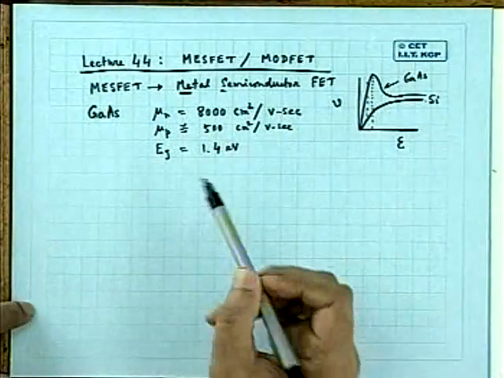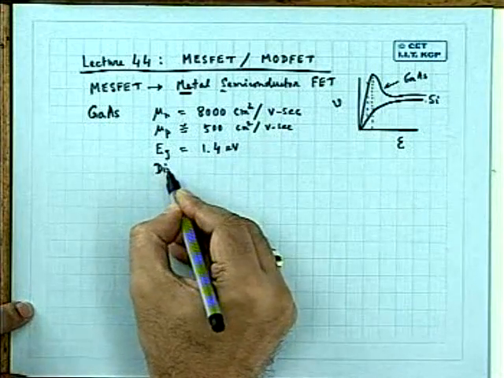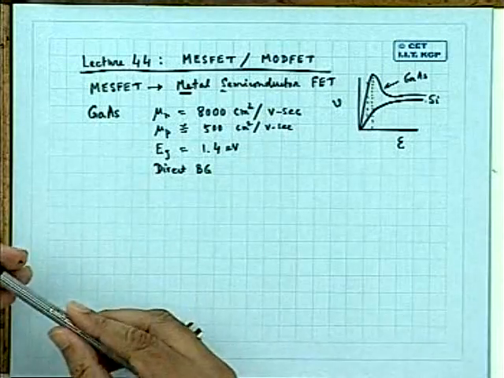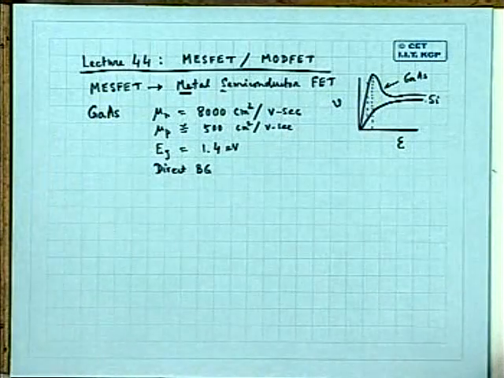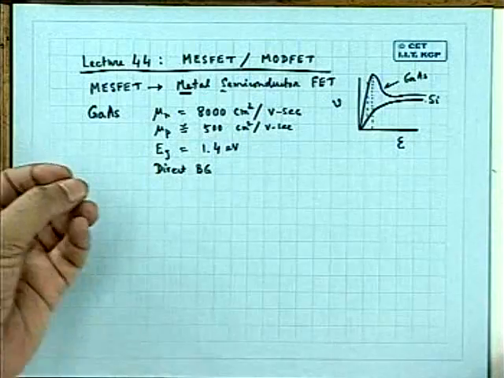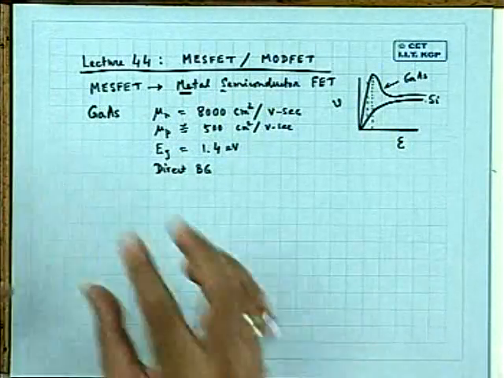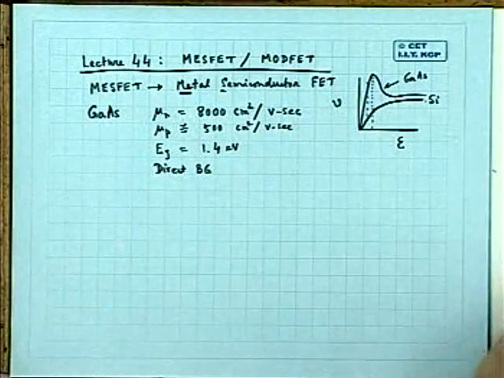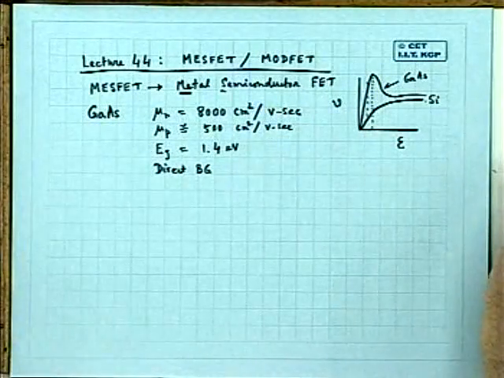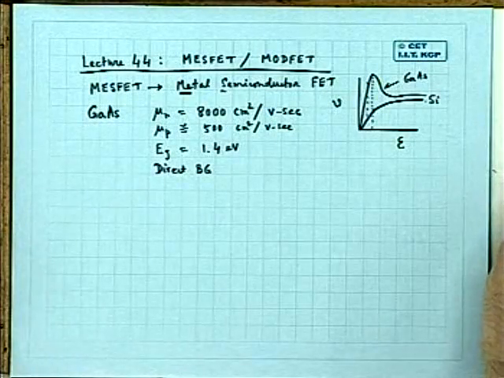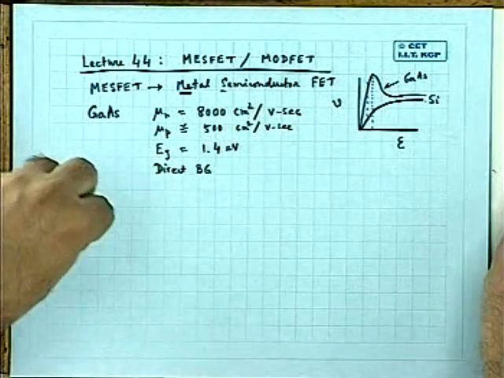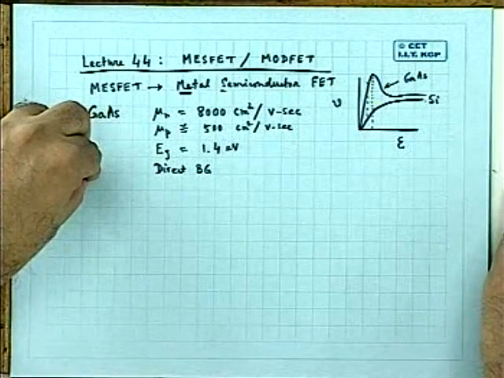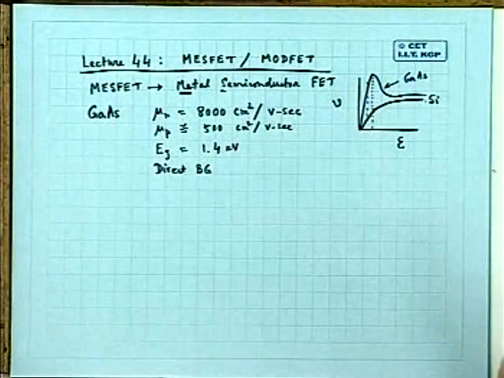Secondly, of course, it was a direct band gap semiconductor, which silicon was not. So in the same chip, you can make an LED and transistor and all other things. Optoelectronics and electronics could merge on the same chip, which is not possible in silicon. Still today, silicon's main bottleneck is that we cannot have an LED or laser made on a silicon chip, whereas gallium arsenide can do everything.